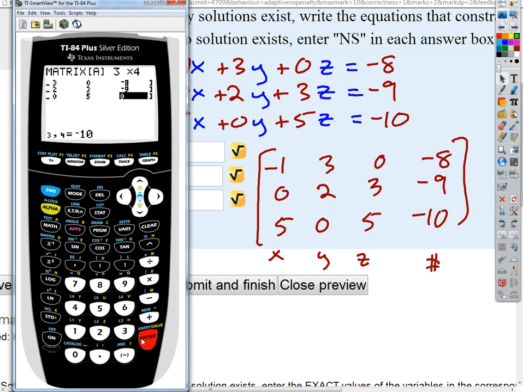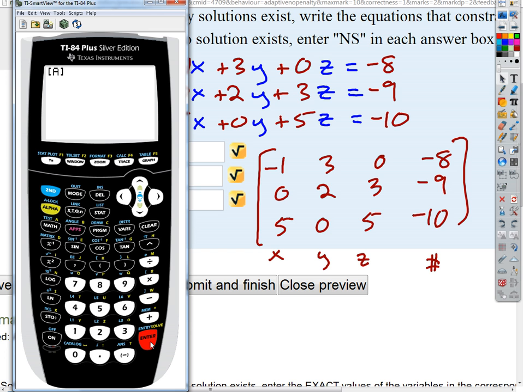Okay? Once we get those in there, I would highly recommend, especially with these big ones, just calling up matrix A and hitting enter just to see if we got the right one in there. It's really easy to make a mistake. 1, 3, 0. That looks good, doesn't it?